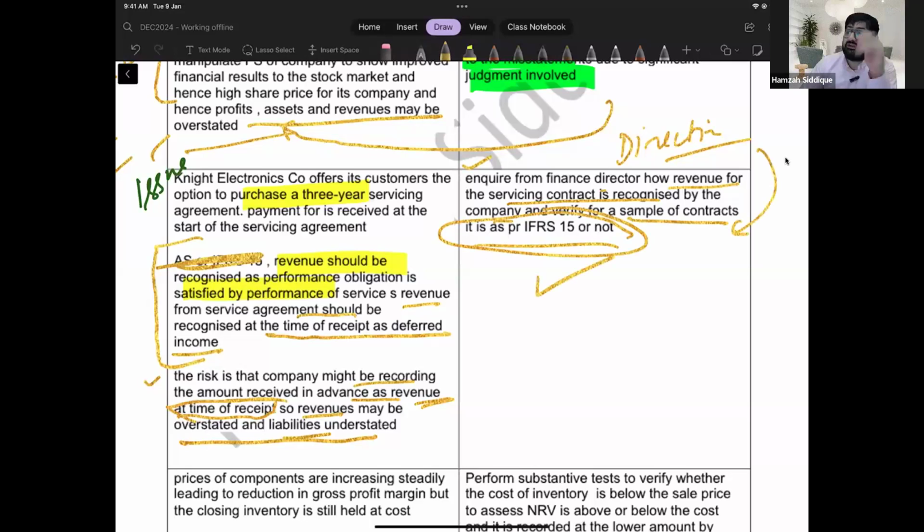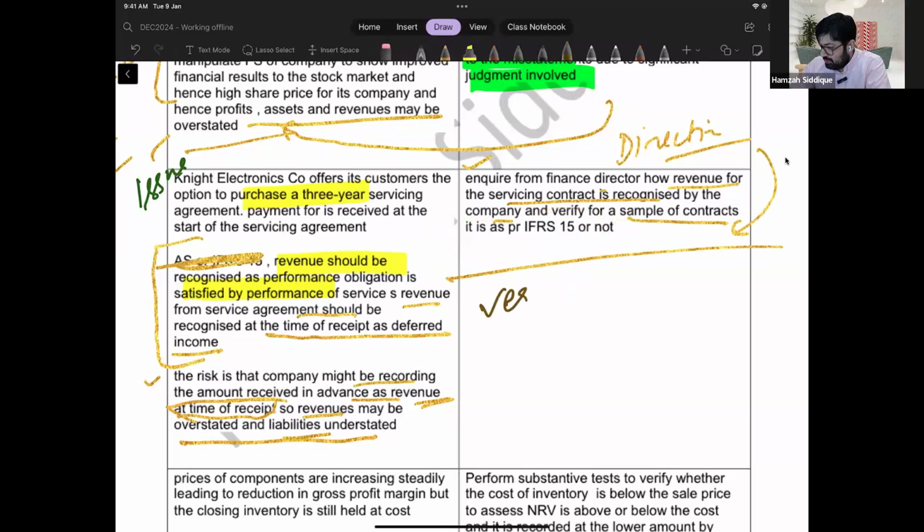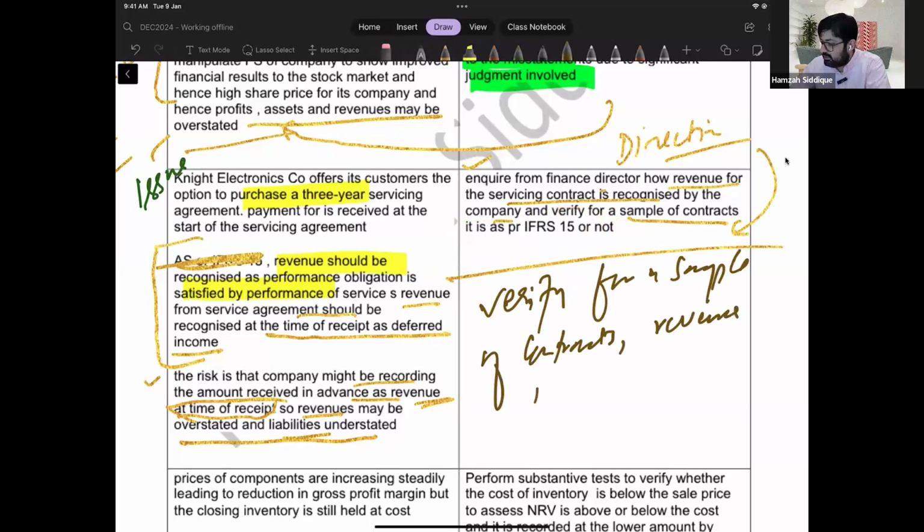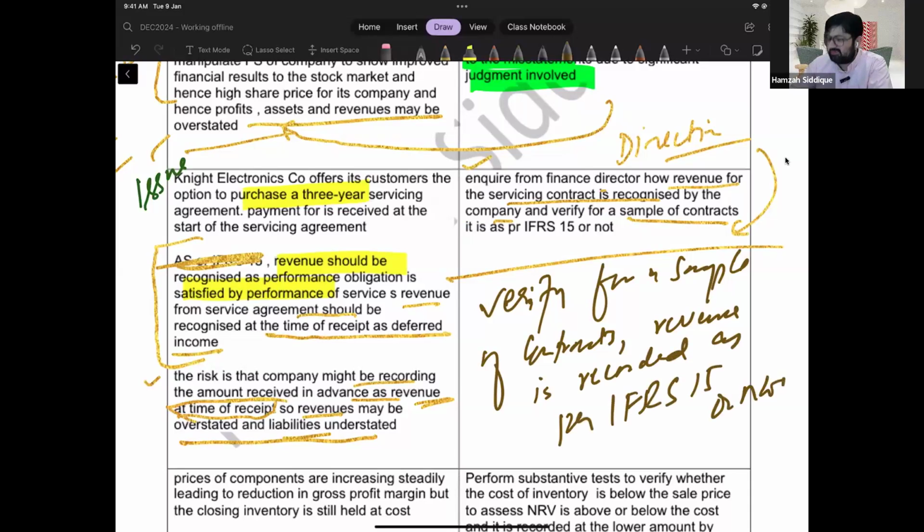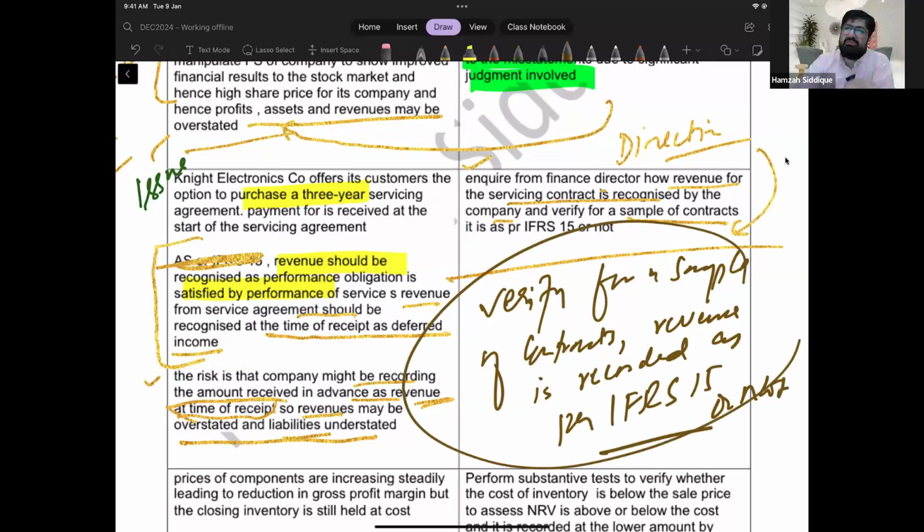But if a student writes an answer like this, verify for a sample of contracts, revenue is recorded as per IFRS 15 or not, you won't get marks here. How to verify? A bit more detail should be there.